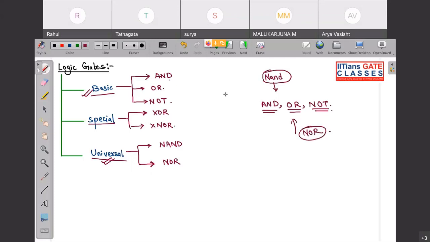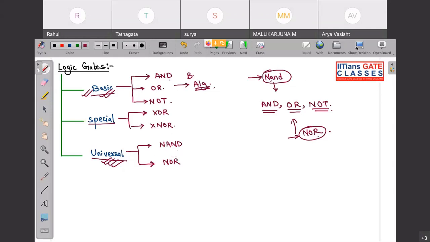I told you that with the help of the basic gates I can construct any Boolean algebra, and with the help of either NAND or NOR, taking any one of them, I can construct AND, OR and NOT. That is why it is known as universal gate, because with only a single kind of gate we can get any kind of Boolean algebra. So that is why it is known as universal.